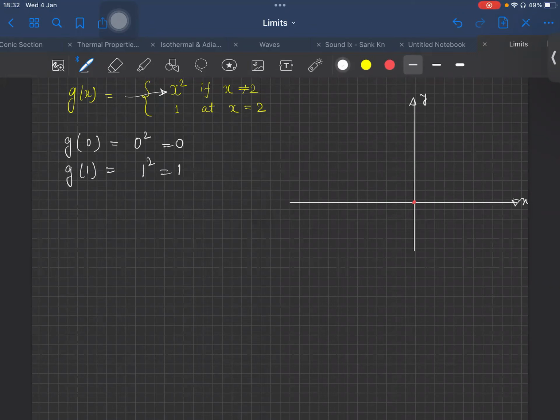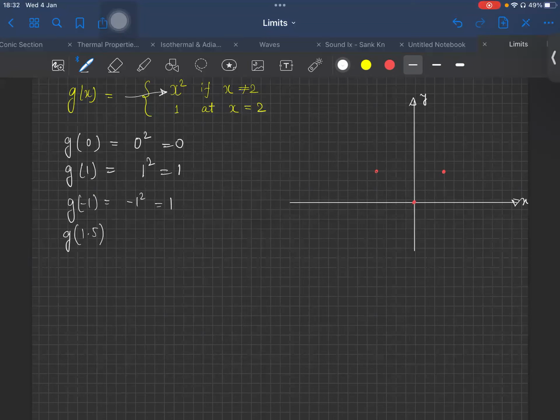That is equal to 1. So here, this side, 1, 1. Now, if you substitute g of -1, you'll get -1 square, which is again equal to 1, right? So this side. Now, let's substitute any other value, g of something.